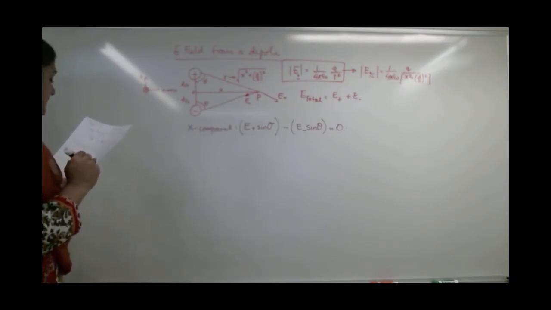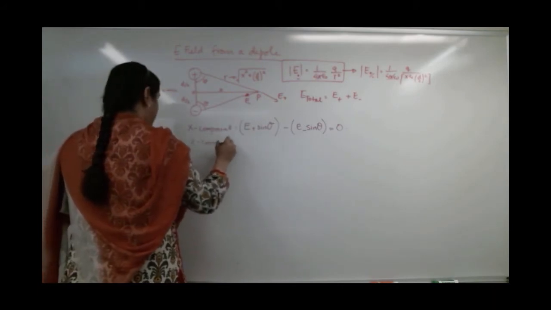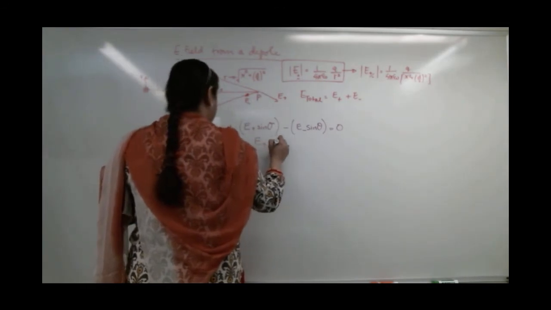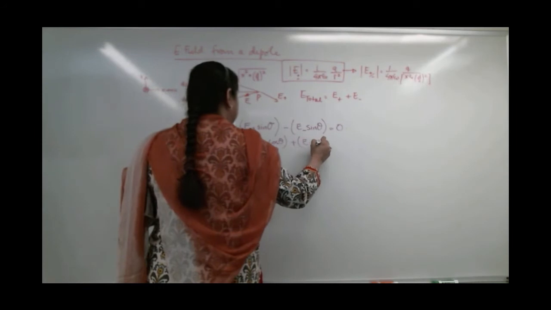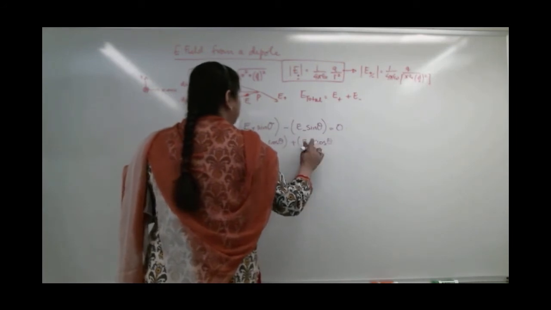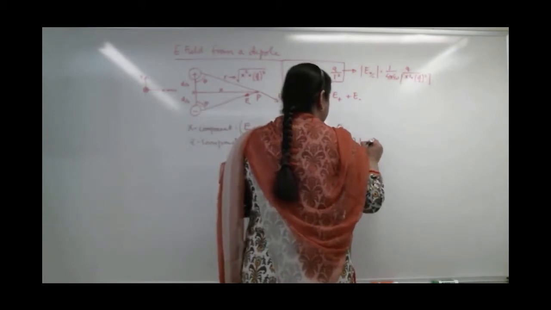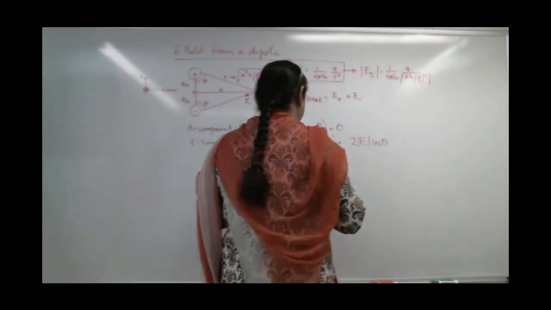My E total will only have a z component, which is E plus cosine theta plus E minus cosine theta, which gives me 2E magnitude cosine theta.